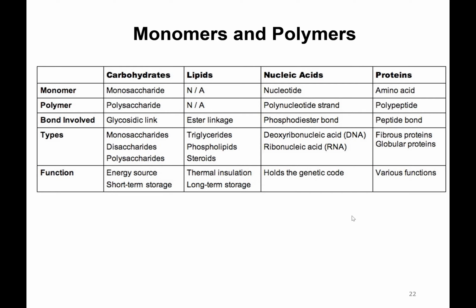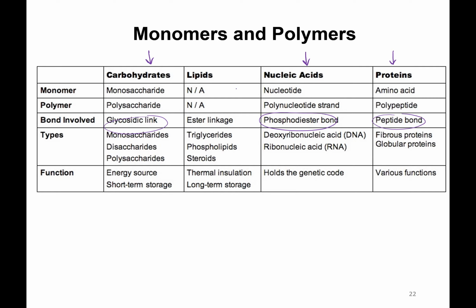This chart is showing you that proteins, nucleic acids, and carbohydrates are all made up of monomers, and the monomers are hooked together by different covalent bonds.